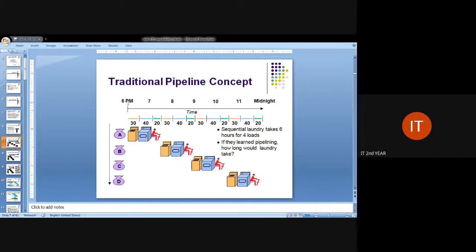It starts at 6 p.m. and ends at 7 p.m. After this execution gets over, the next process starts, that is task B, which starts at 8 a.m. and winds up at 9 a.m. After B fully completes, C starts executing. After the C task executes, the D instruction will be executed.